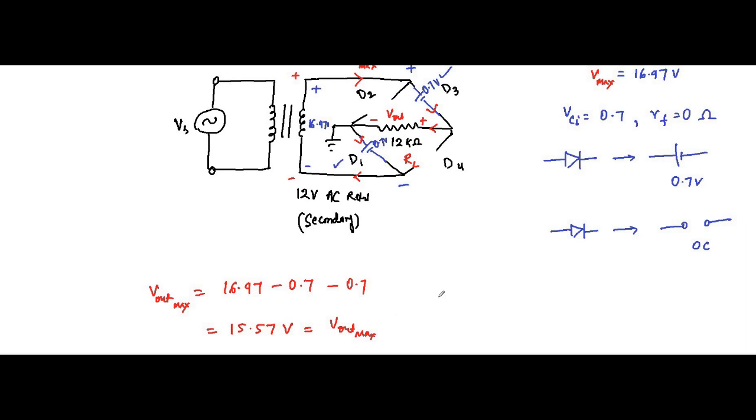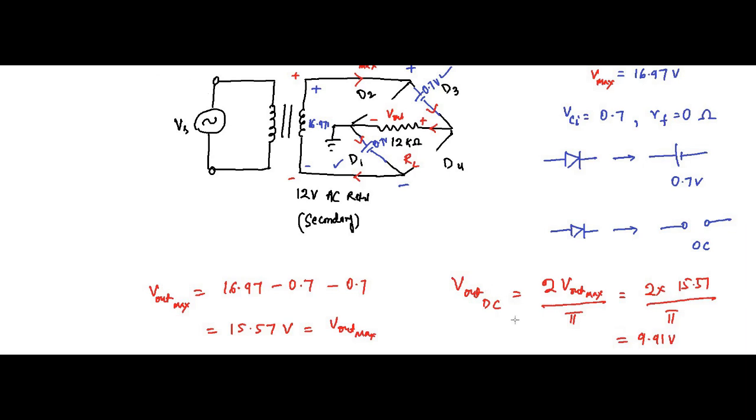Now the DC value of the output voltage is equal to 2 V out max by pi, which is 2 into 15.57 divided by pi. That is coming around 9.91 volt.